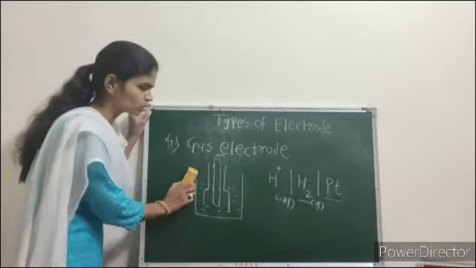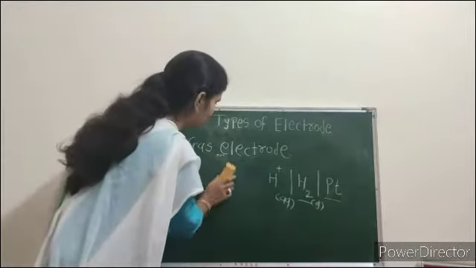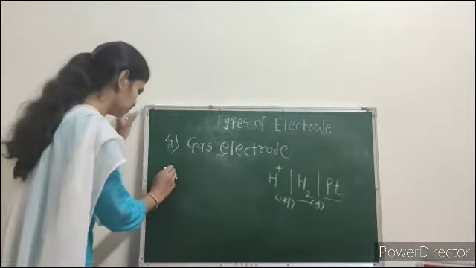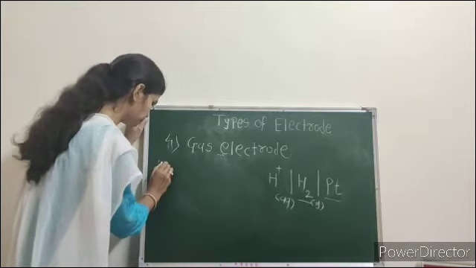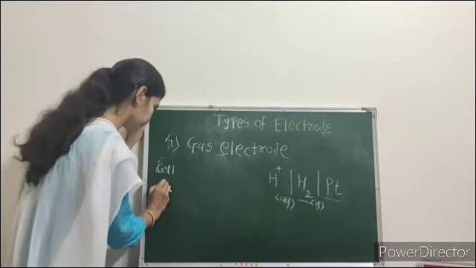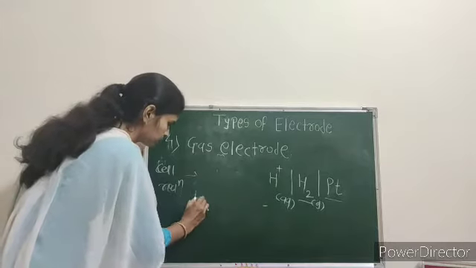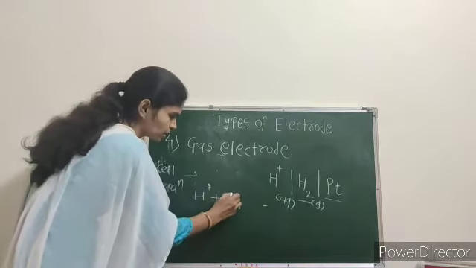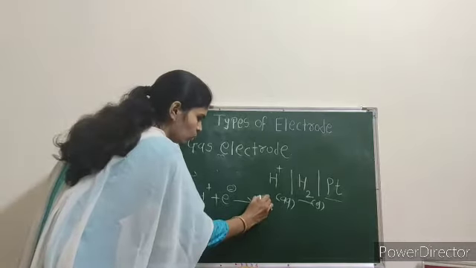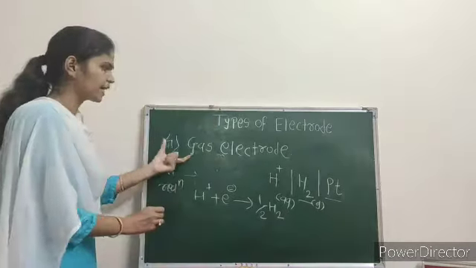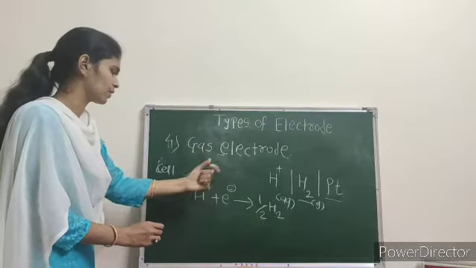Now we write down the cell reaction for this type of electrode. First, H plus plus 1 electron gives 1/2 H2. This is the reaction for this type of gas electrode.